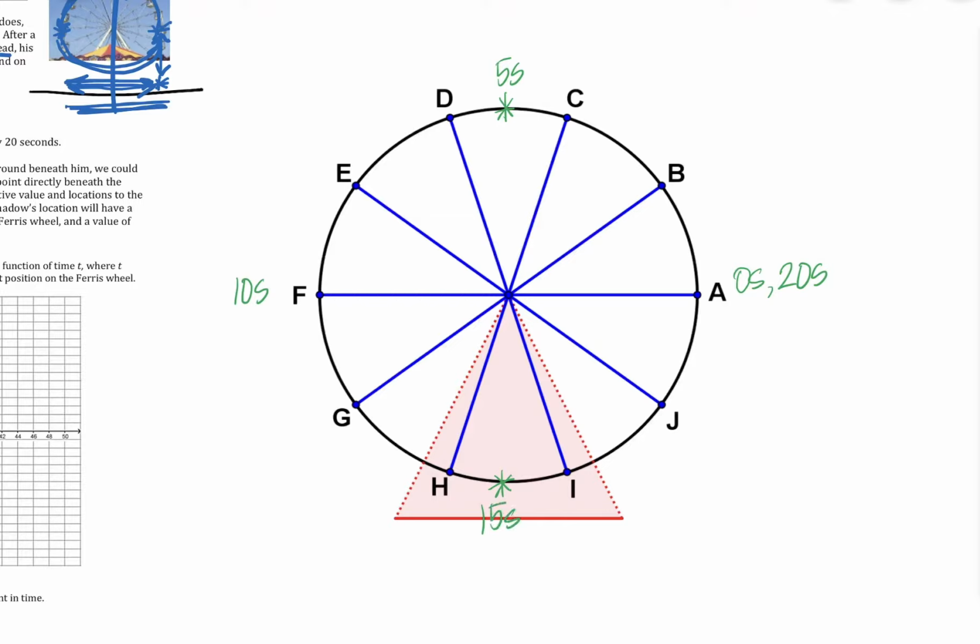And then if I look at all of these regions, there are kind of 10 spokes or 10 regions around the wheel. So 20 seconds divided by 10, each one of these sections is going to be a 2-second difference. So once again, B is 2 seconds, C is 4 seconds, D is 6 seconds, 8 seconds, and let's just label all the way around the wheel.